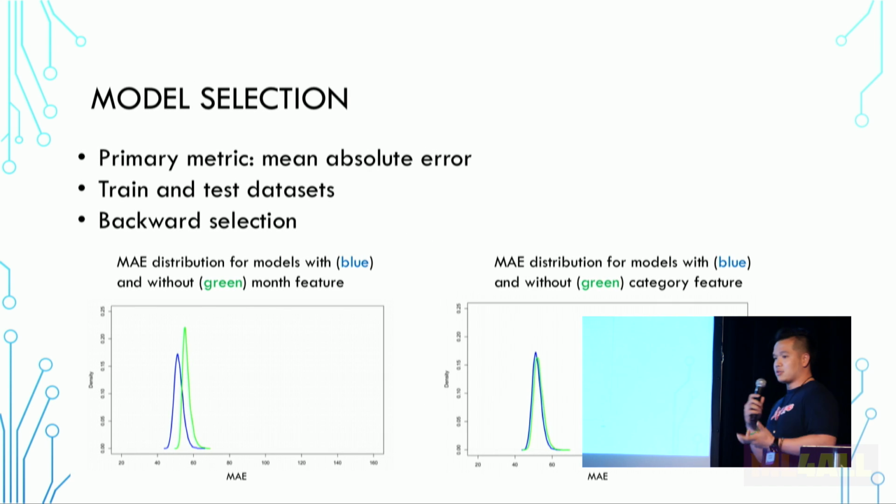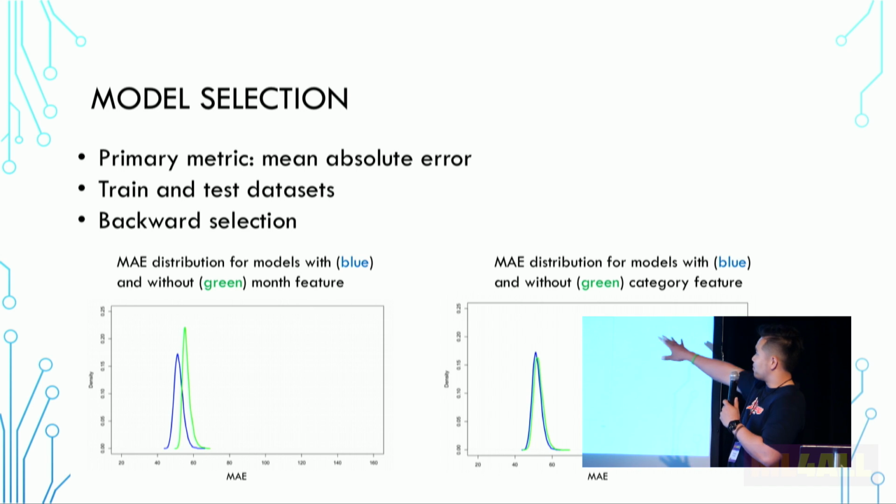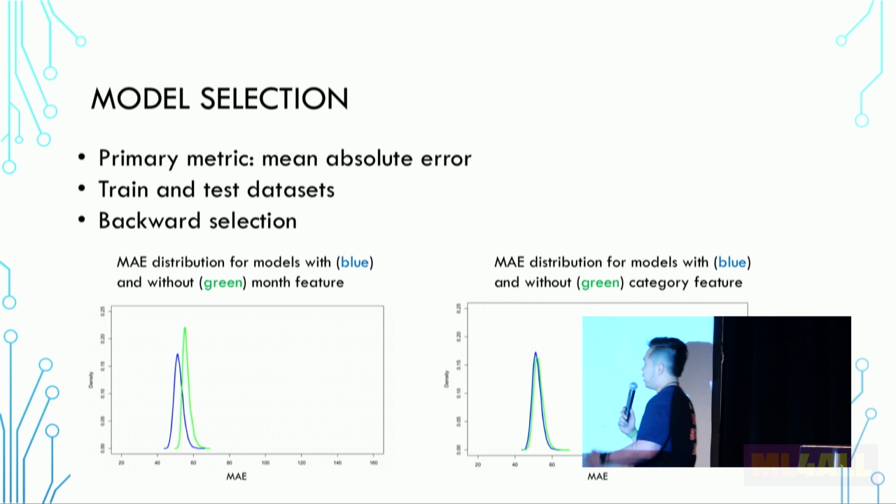In terms of model selection, I use the primary metric as the mean absolute error, and I'm trying to minimize that. I split the data set into train and test, and then use backward selection to choose my features. So essentially, you have a list of features, and if I were to take one feature away from the model, how would that affect the model? As previously mentioned, the model allows you to generate a bunch of beta values.